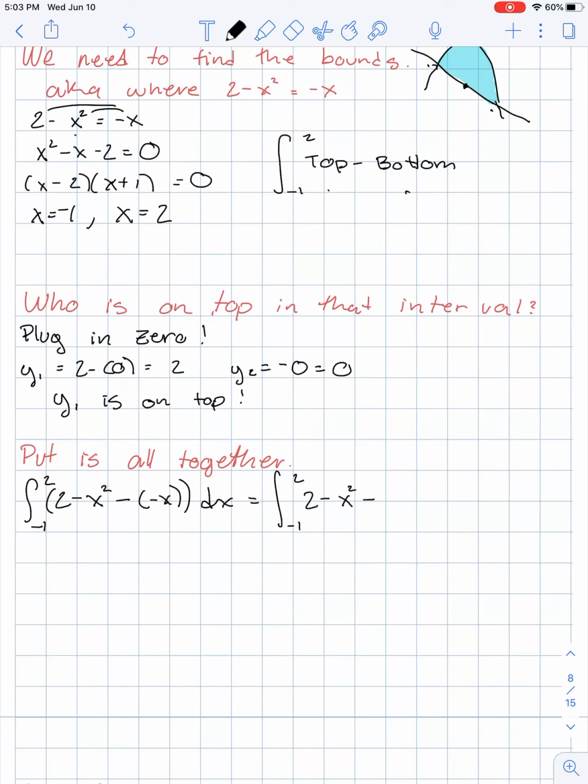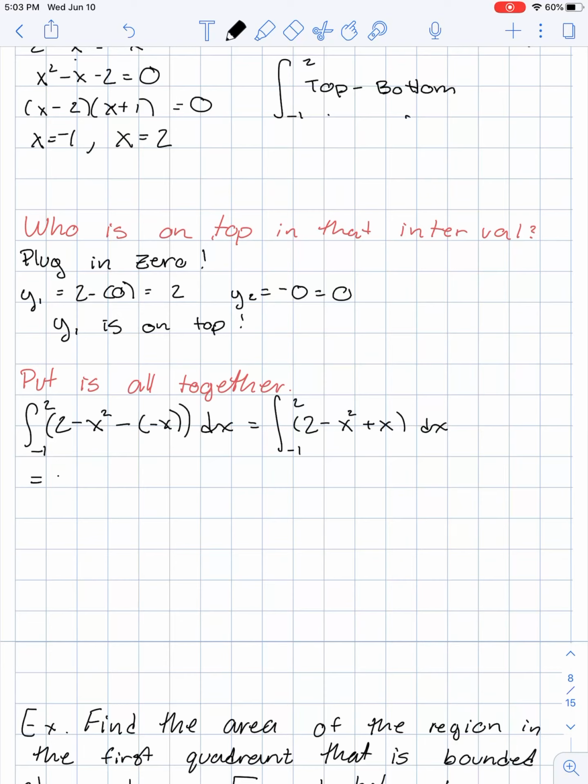2 minus x squared plus x dx, and then we're going to integrate. So that's going to give me 2x minus x cubed over 3 plus x squared over 2, and we're going to evaluate that from negative 1 to 2.